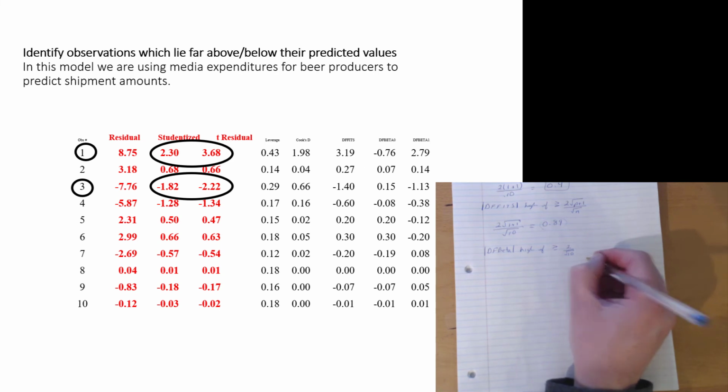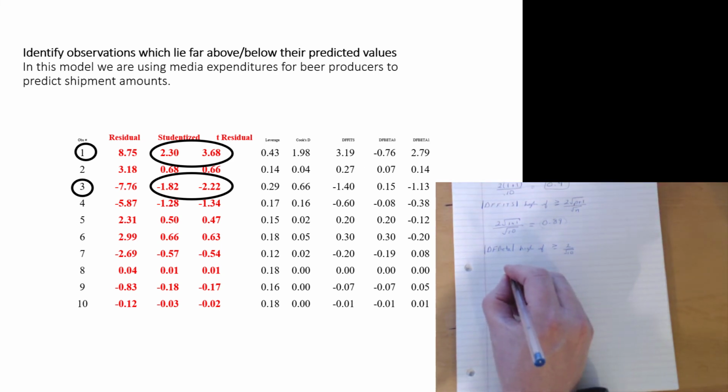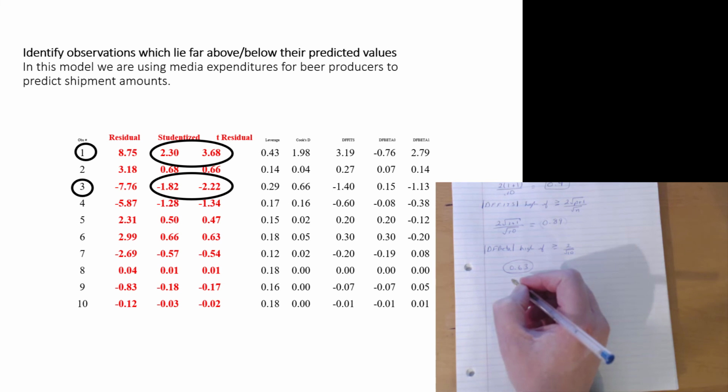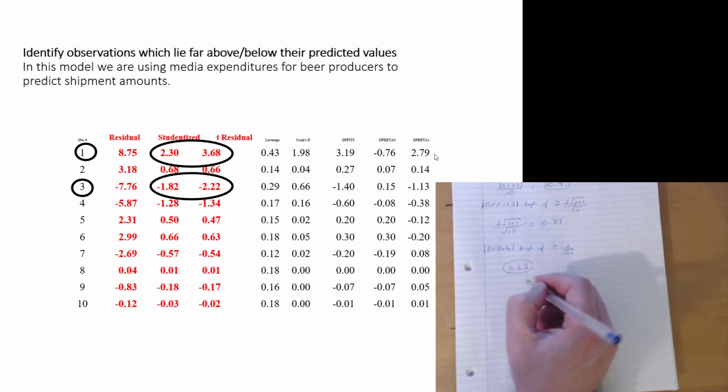When we chug that through, we get that number equals 0.63. So we're looking for DF beta 0 or DF beta 1 where the absolute value is greater than 0.63.